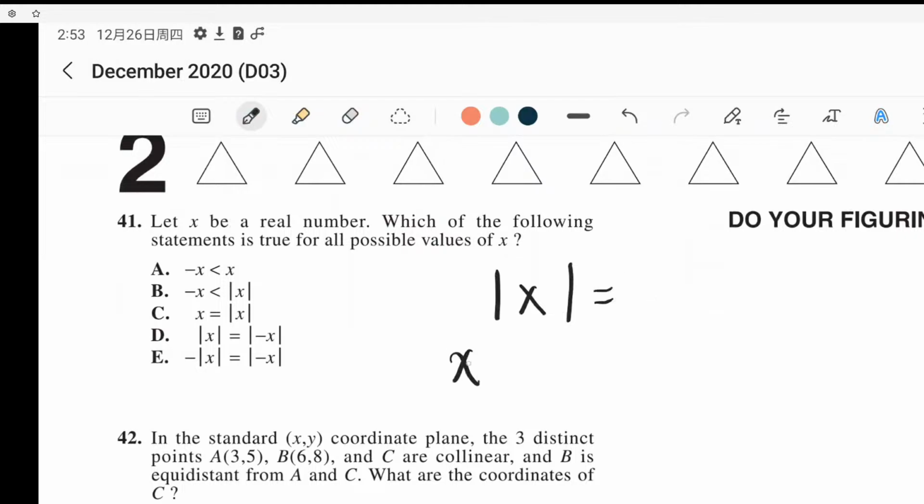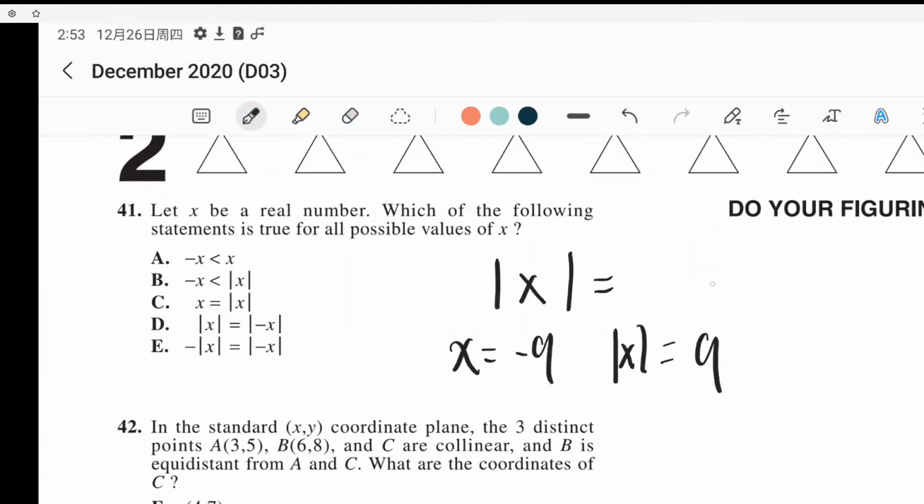So consider x equals negative 9. The absolute value of x will be 9. Or we can write the absolute value as square root of x squared, because a number squared always gives you a positive number, and then you square root it. So it does not matter if x is negative or positive, it will always give you a positive number by definition of the absolute value.